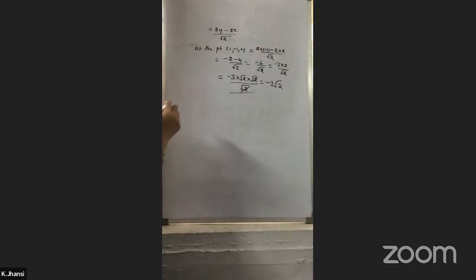Next, the second one is about the divergence of a vector point function.